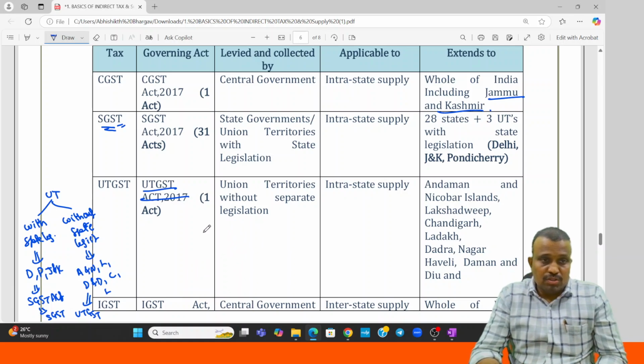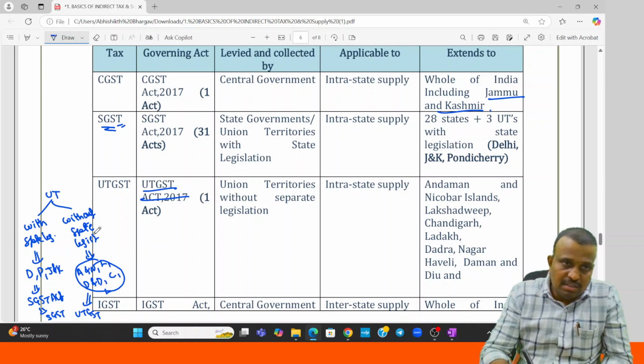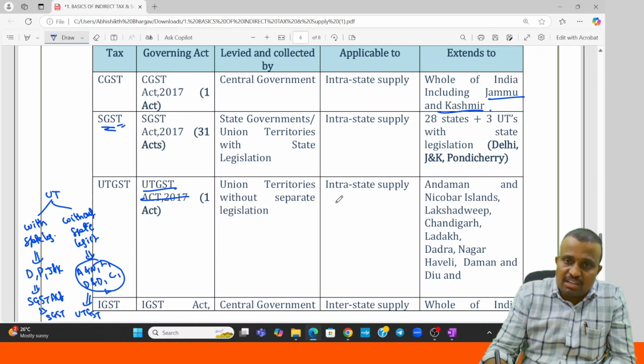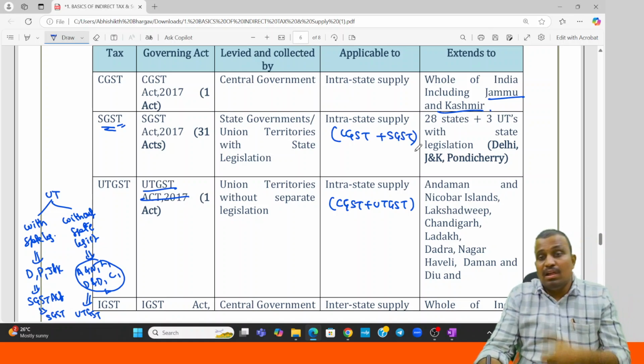So in these union territories, on intra-state supply, CGST and UTGST is levied, but in the others, CGST and SGST is levied.